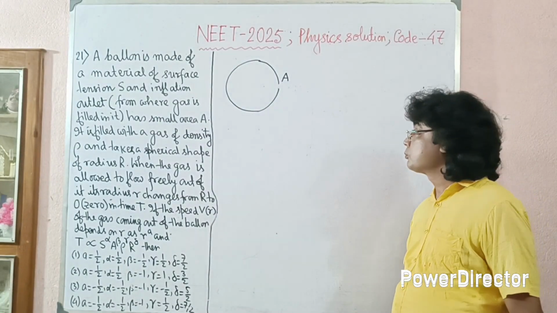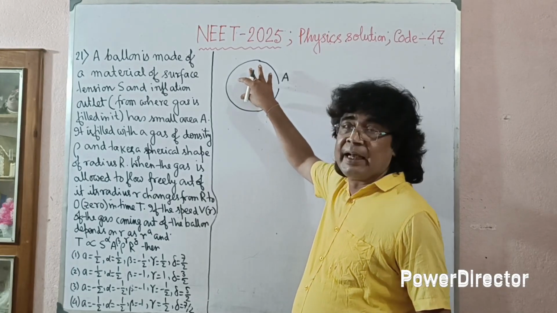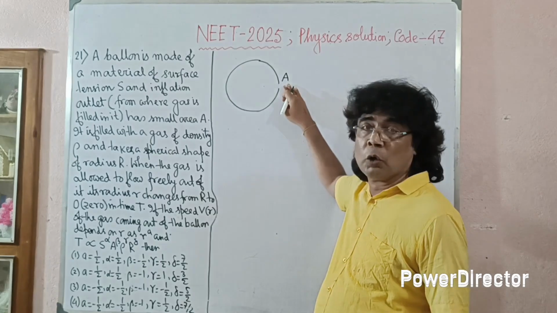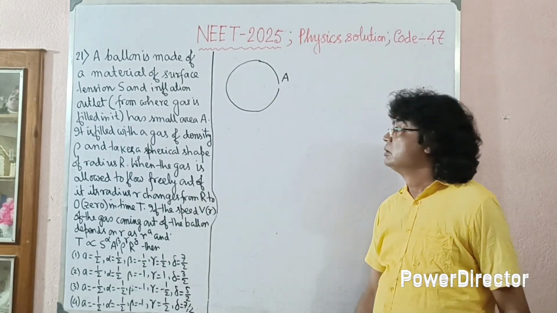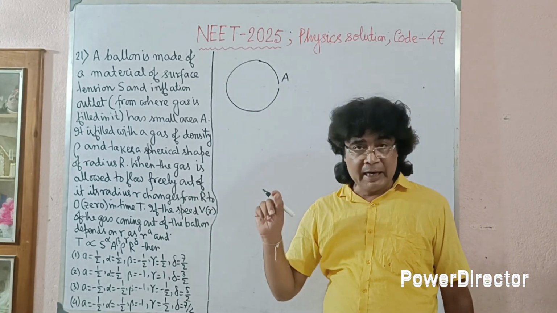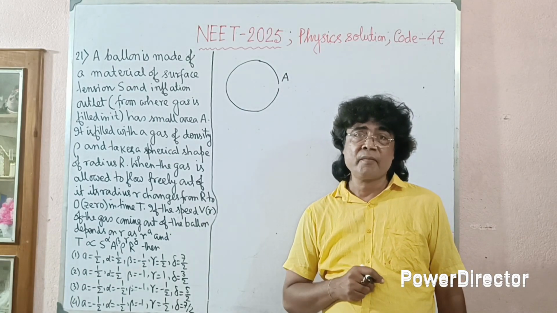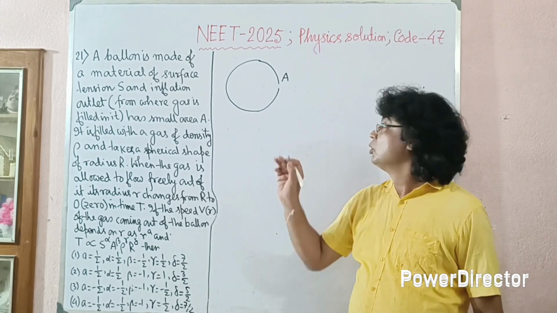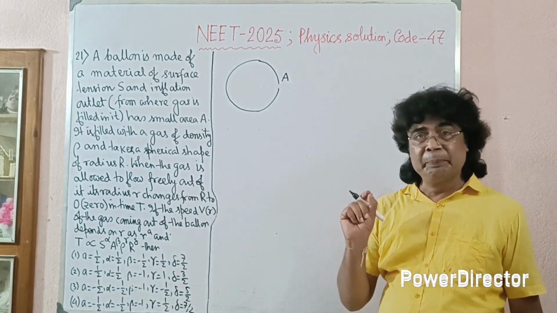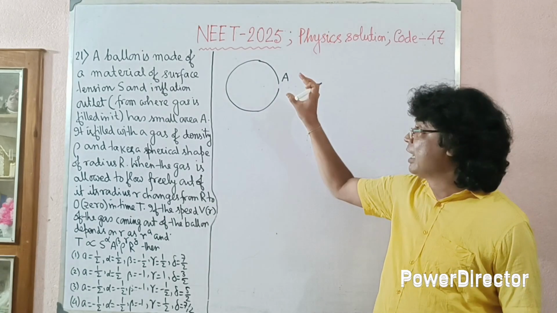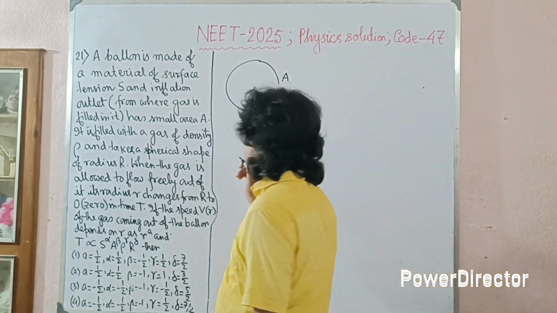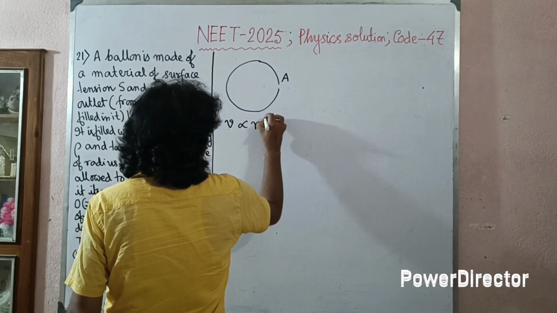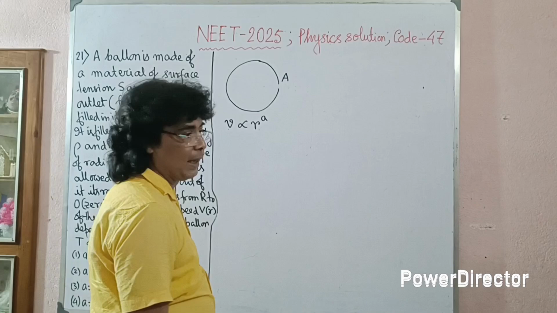So look, the gas inside the balloon is coming out through the hole, and at any instant t, the emerging velocity of the gas through the hole depends on the radius of the balloon as v varies as small r to the power a.